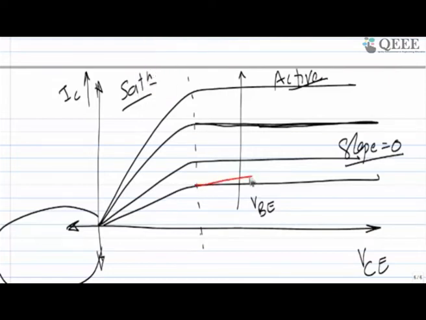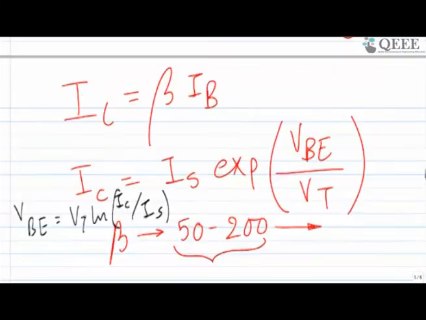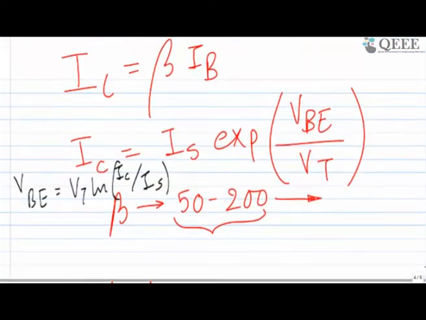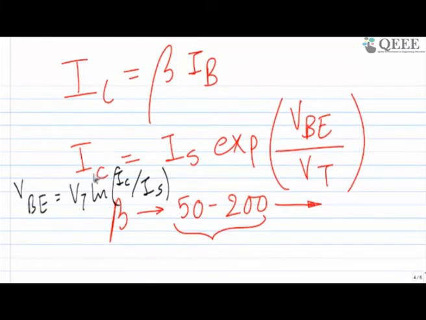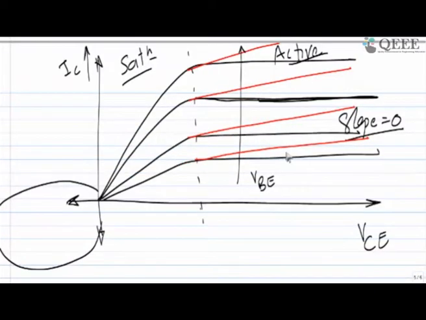Your characteristic in saturation will have some slope, or there will be control of VC on IC. Otherwise, if you look at our collector current equation, there is only a role of VBE, there is no role of VC. But I am saying that in reality there will be some role of VC on IC.